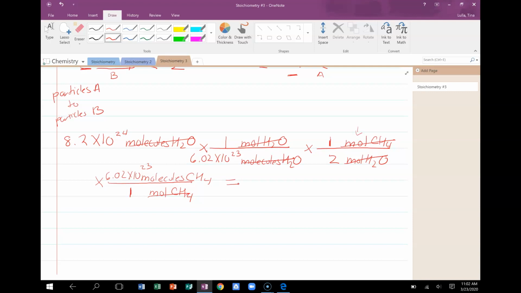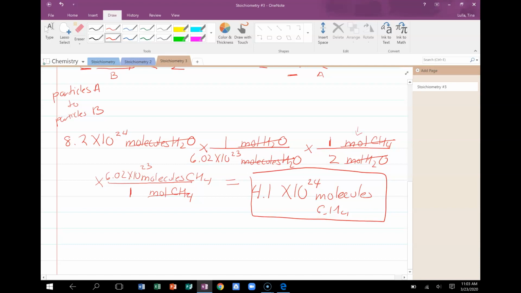And my calculator says 4.1 E24, but I'm going to go ahead and write that as 4.1 times 10 to the 24th molecules of CH4. Okay, and that is the answer. And that's us doing a particles A to particles B problem.